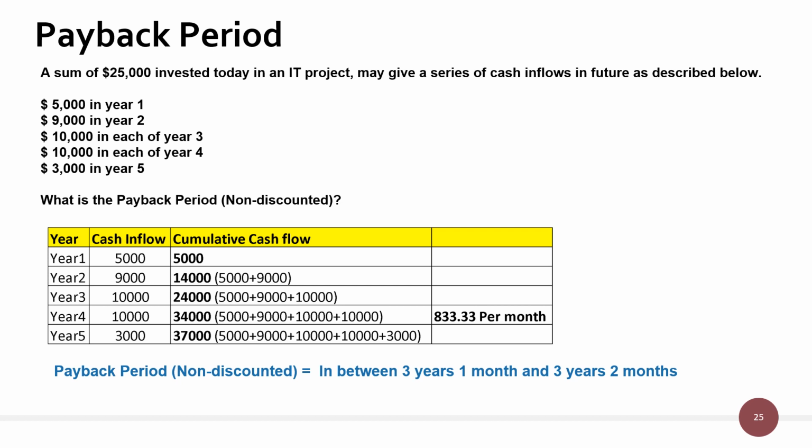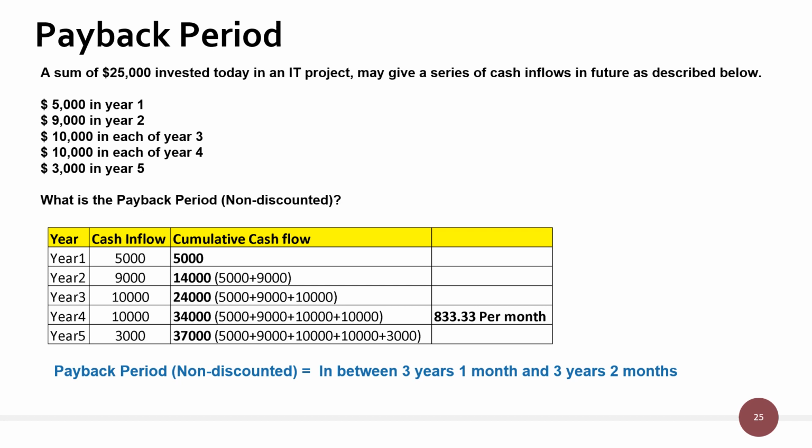In the first year it is 5,000 and the second year is 9,000, so the cumulative is 14,000. The third year is 10,000, so the total cumulative is 24,000. In the question we have invested 25,000, so we have to look into that.